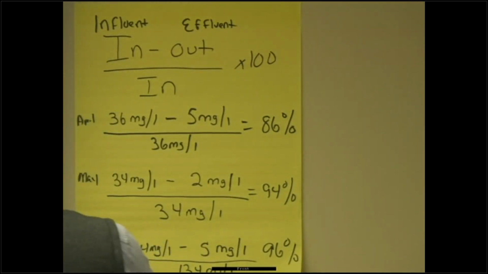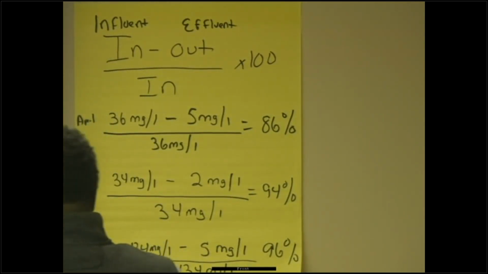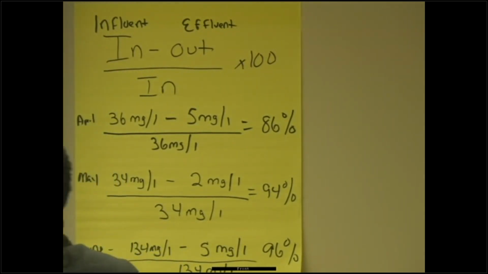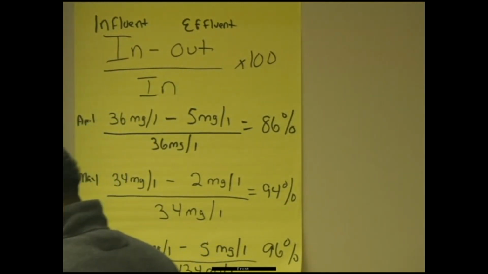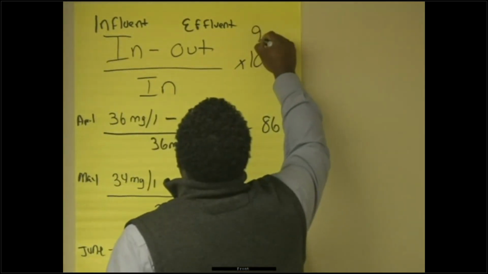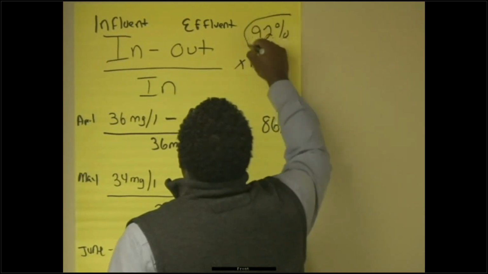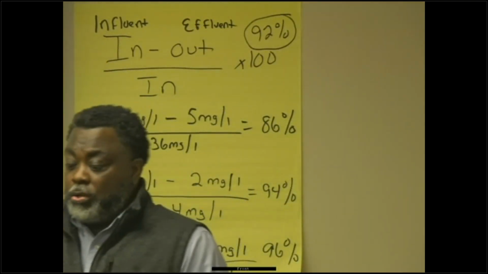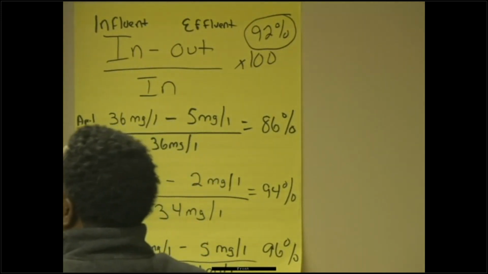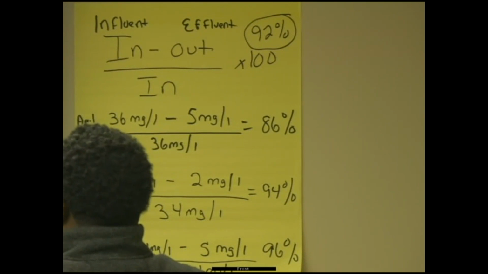So now I would take the 96 plus the 94 plus the 86 divided by 3, and I've got a quarterly percent removal of 92%. And 92% is what I would include on my DMR after having factored in all of the months of that particular quarter.